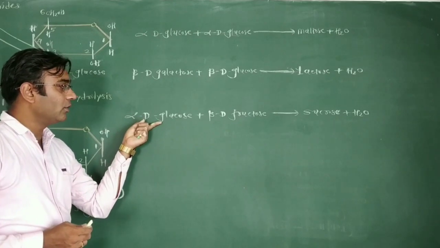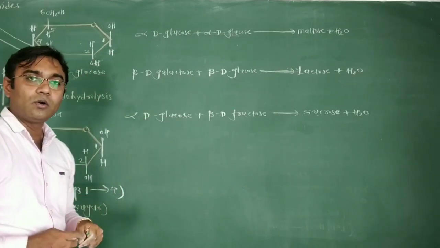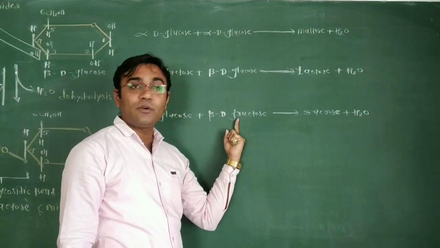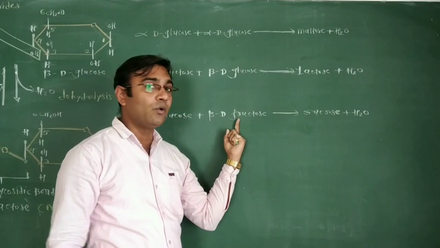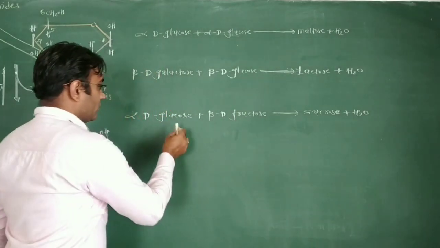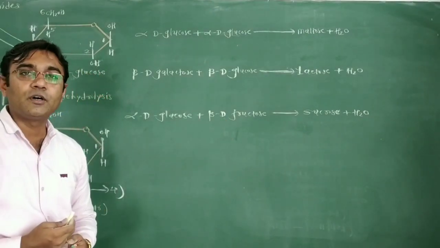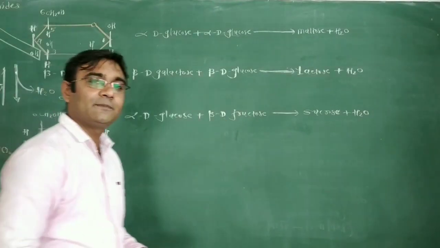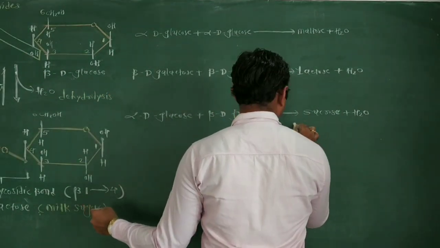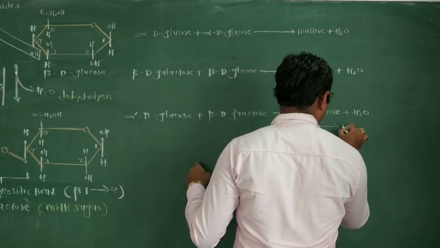Alpha D glucose has OH on the first carbon pointing downward, and beta D fructose has OH on the second carbon pointing upward. So the glucose first carbon is linked with the fructose second carbon. So in sucrose, the position of the glycosidic bond is alpha 1 to beta 2.